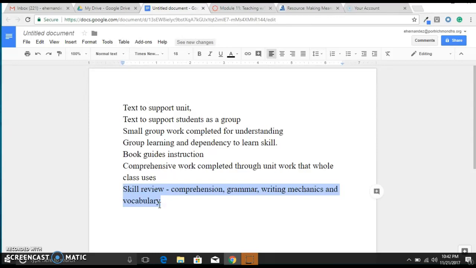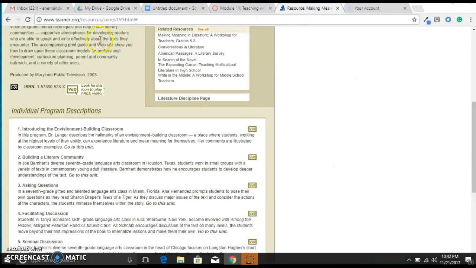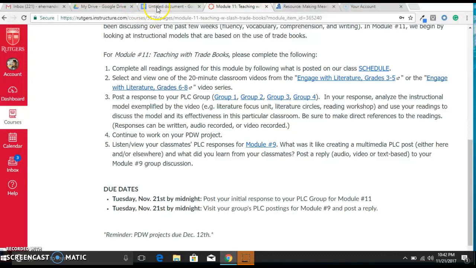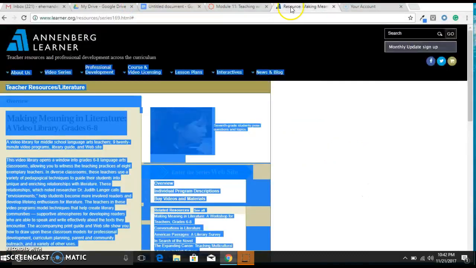And this is also illustrated when watching the movie, asking questions, because Miss Hernandez has a conversation with her students in which she's asking them guided questions, and she has a classroom discussion as to whether or not students understood the text.